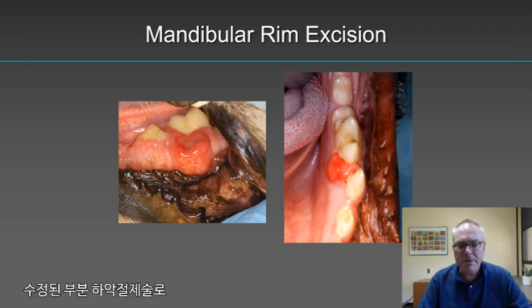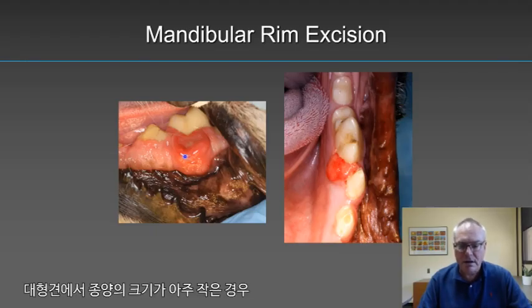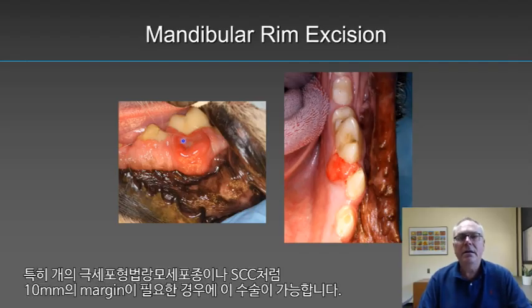Another way of preventing the mandibular drift and the malocclusion is to do a mandibular rim excision. A mandibular rim excision is a modified segmental mandibulectomy that can be done in certain very specific circumstances. First of all, you need a large dog with a small tumor, preferably a canine acanthomatous ameloblastoma or a squamous cell carcinoma that only requires a 10 millimeter margin.